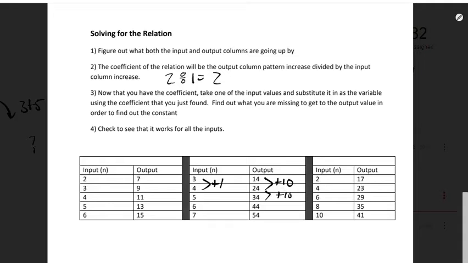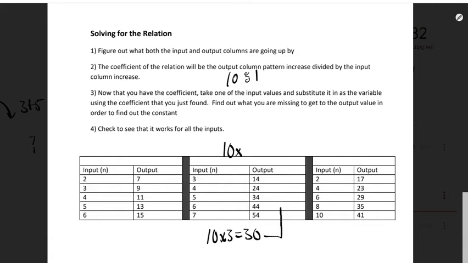This is going up by 1 again. So if I did this whole 10 divided by 1, you'll see that, of course, it's just 10. So I know that this is going to be 10x, and I just don't know if it's plus something or minus something.